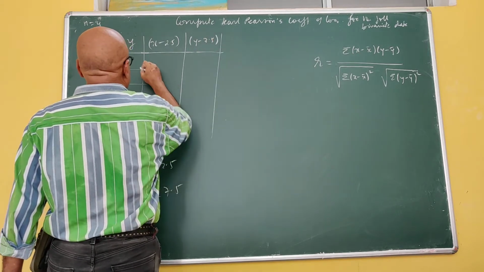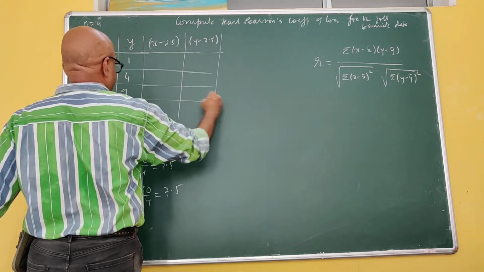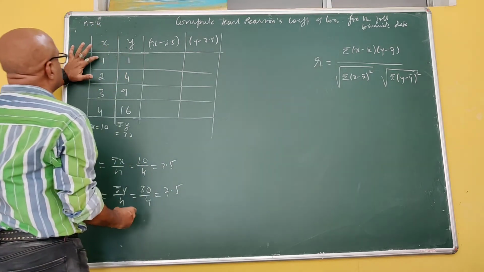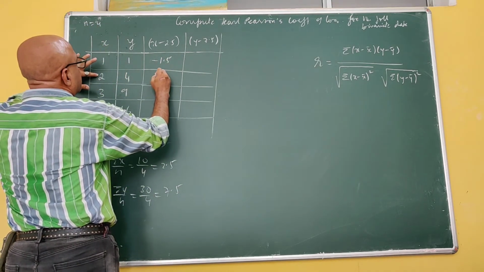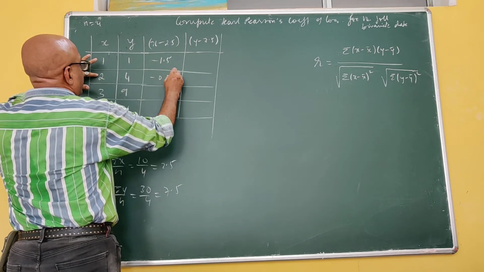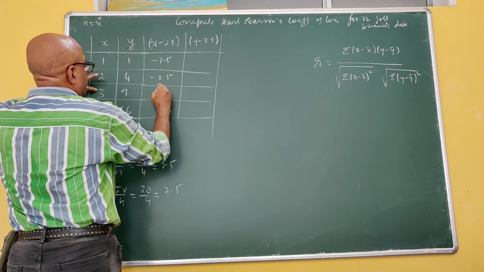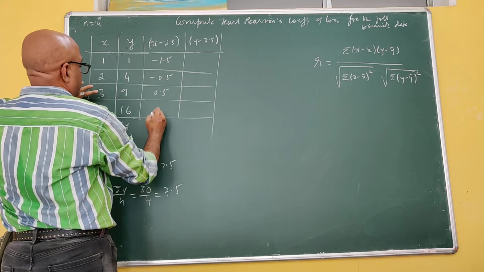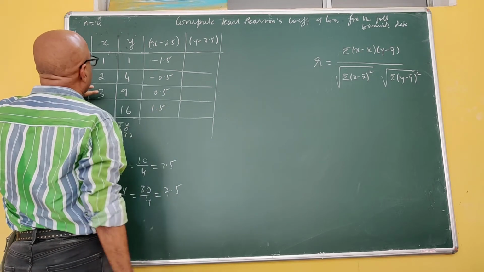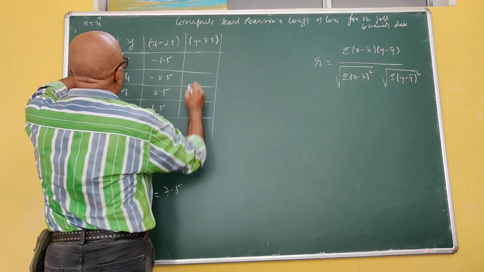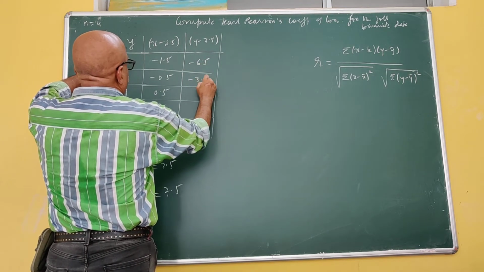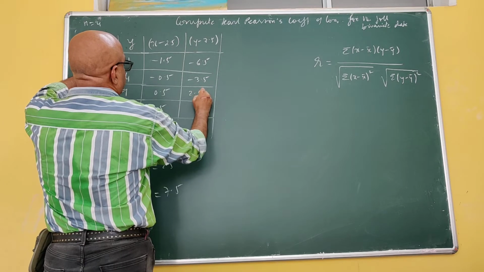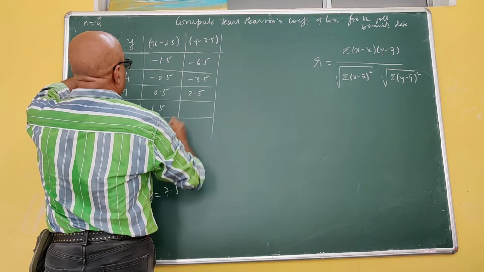Well, what will you get then? This will involve some fractions, so it's not going to be very nice, but you can do it. This will be minus 0.5, this will be 0.5, and this will be 1.5. And when you subtract 7.5, you get minus 6.5, minus 3.5, you get 2.5.